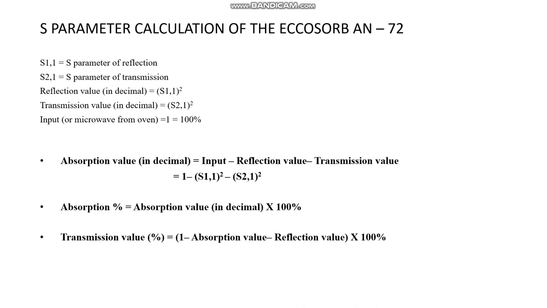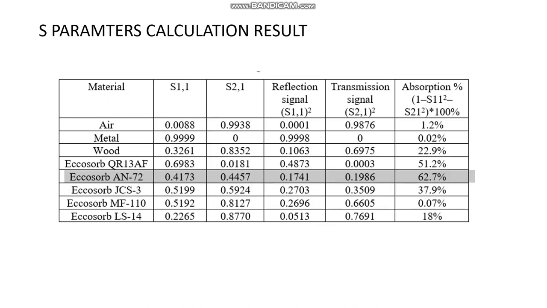With all of these parameters, we use the following formula: the absorption value is equal to 1 minus S11 squared minus S21 squared. We can then get the absorption percentage by multiplying the previous value by 100%. At the end, we use the formula of 1 minus absorption value minus reflection value, times 100%, to obtain the transmission percentage.